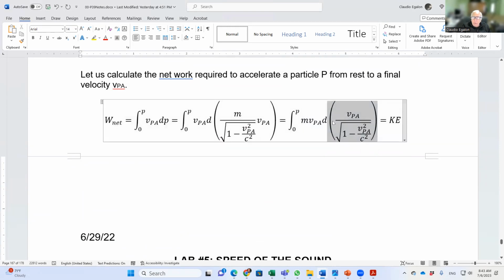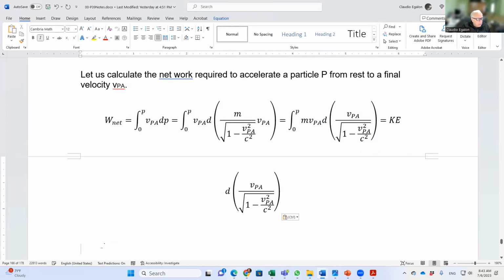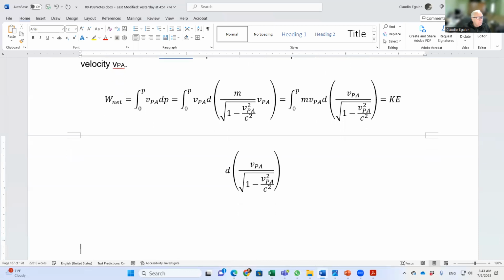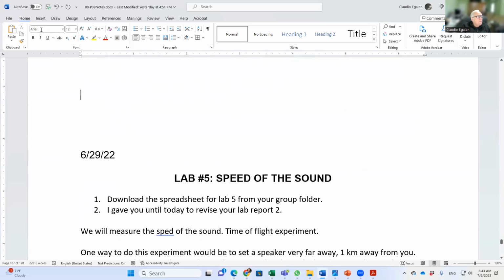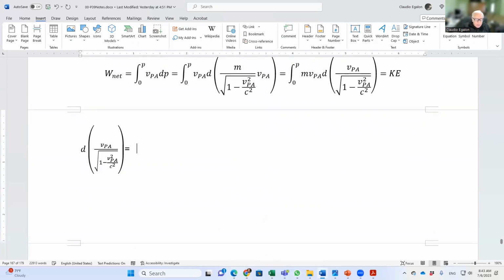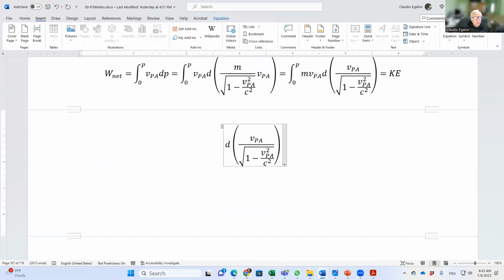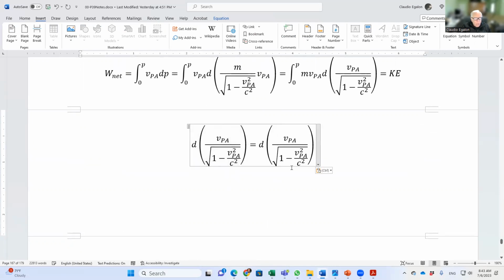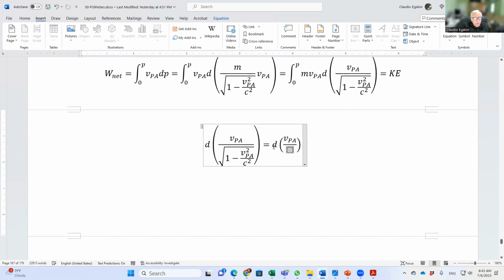Let's break down this term, which is going to reduce to what's going to be. Oh, apply the chain rule, right? Well, we make this term here constant first, right?